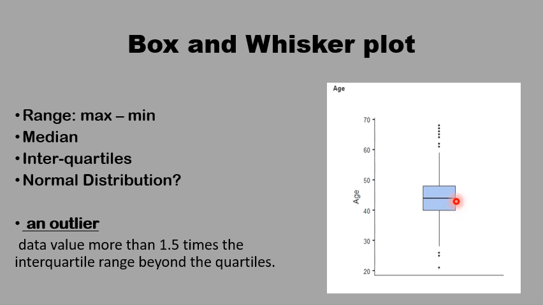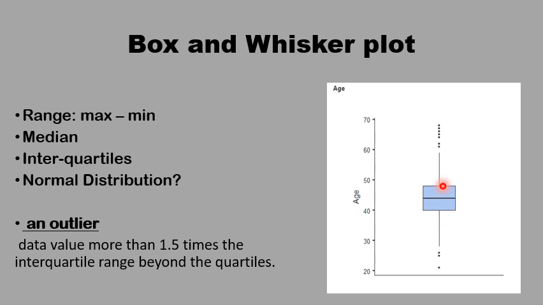And in between is the second quartile, which is by definition the median. So you could tell here that the median is correctly somewhere between 40 and 50 years, and that between the first and the third quartiles, that's to say 50% of the patients' ages are between 40 and 50 years.